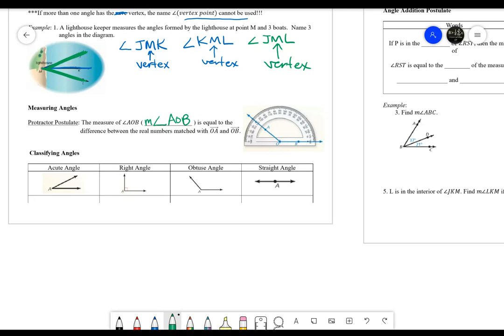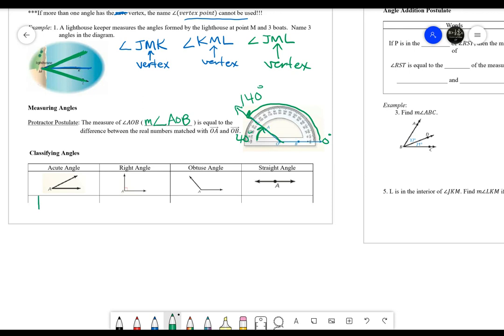So basically what that means is you have to look right here where it's coming out. So like this is 0, and so you're going to be measuring all the way to over here. Now you can see in the picture that looks like 140 degrees. If you wanted to know the other angle from here to here, that's 40, because together they have to be 180.